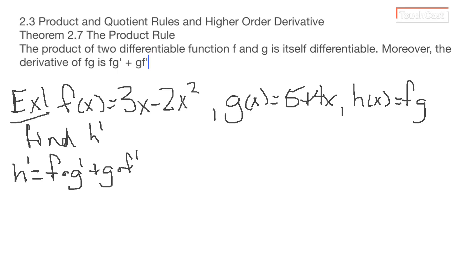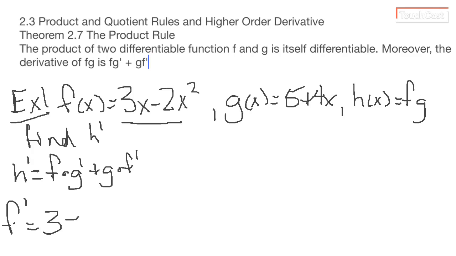So f of x is 3x minus 2x squared. We've got a difference rule here and a power rule. So if we're finding f prime, let's first find the derivative of the first term. The derivative of 3x is just 3.